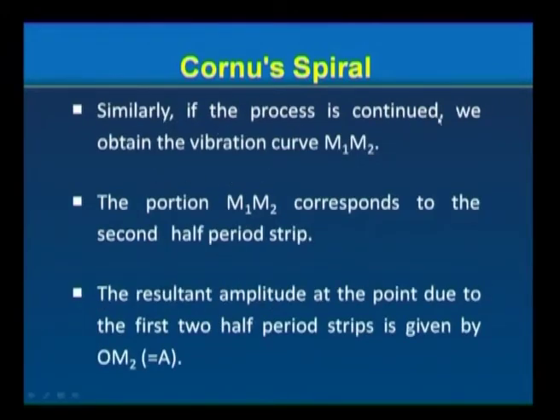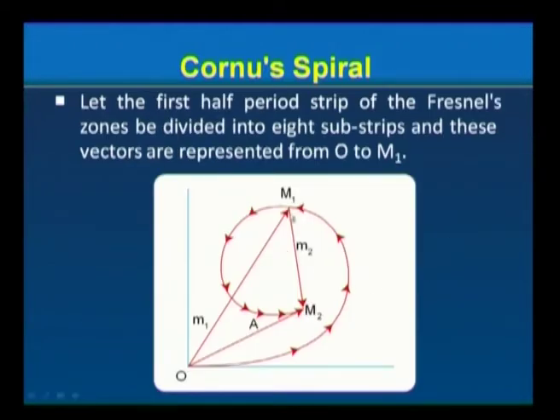Similarly, if the process is continued, we obtain a vibration curve M1, M2. The portion M1, M2 corresponds to the second half period strip. This vector gives the displacement that is caused at the point P due to the light coming from the second half period zone. What is the resultant displacement at the point P because of the light coming from the first half period zone and the second half period zone?